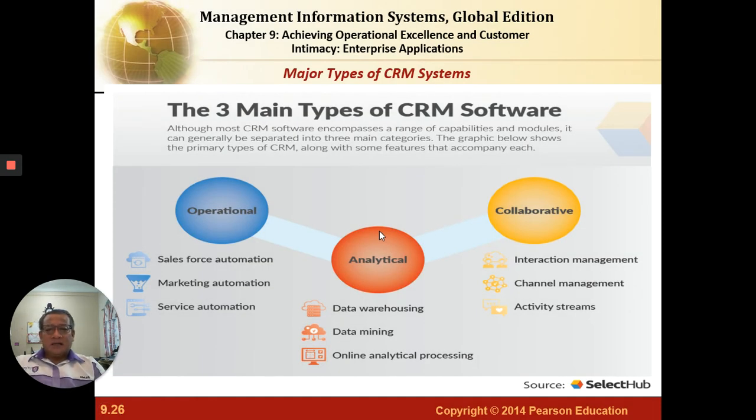So another type of CRM is more on collaborative, because nowadays it is internet based. So another type of CRM software is for collaboration, unique interaction between Toyota service and Toyota headquarters and also Toyota subsidiaries in other parts of the world.